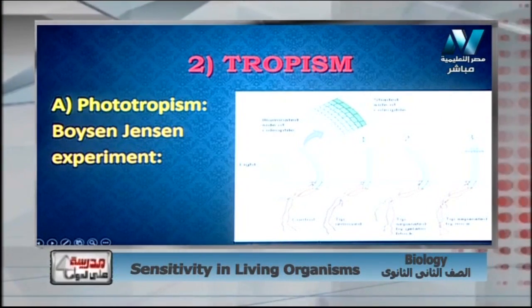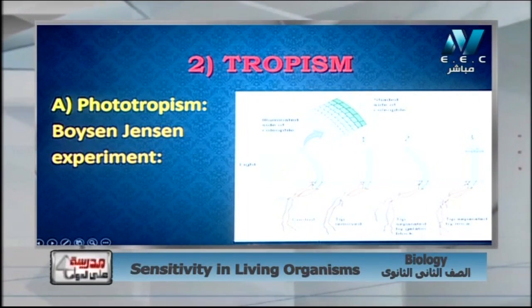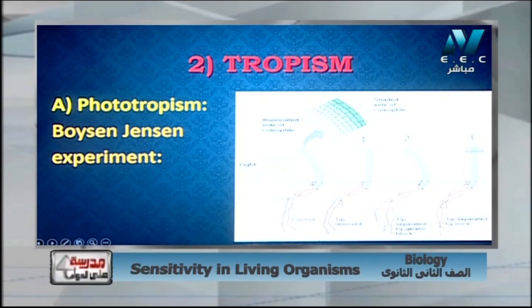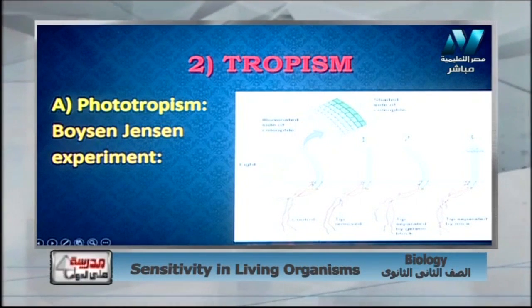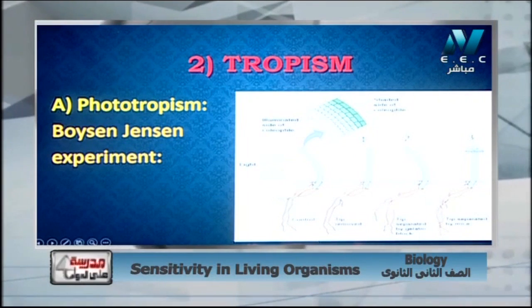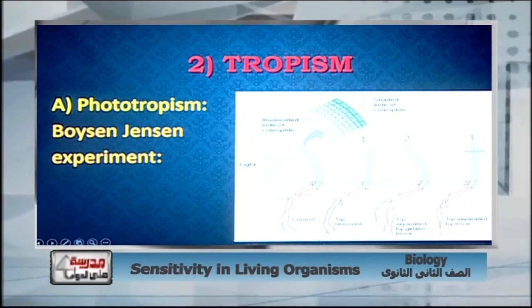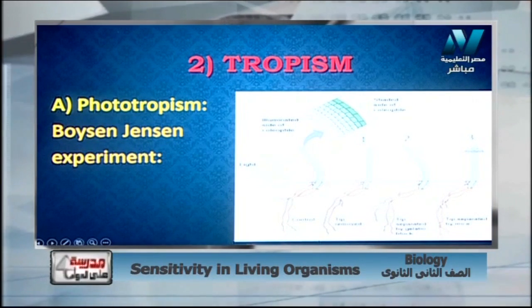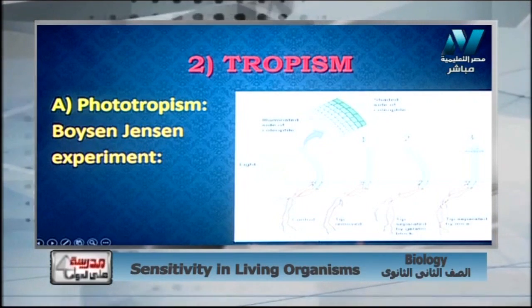So the auxins diffuse to the lower cells and cause their curvature. But the mica sheet, no. The mica sheet is a metal and prevented the diffusion of the auxins that are synthesized in the tip, so they could not diffuse to the lower cells, affecting the growth.